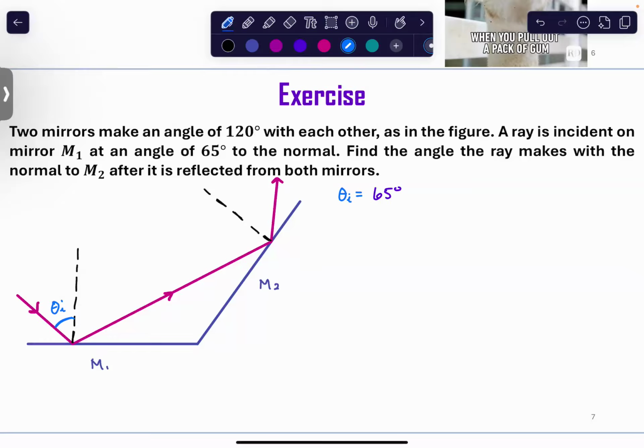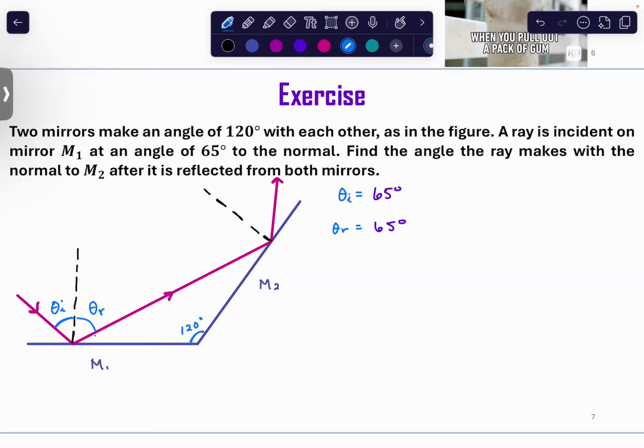We know by the rules of reflection, theta R, what does theta R equal? 65 degrees. I also know the mirrors connect at a 120-degree angle.